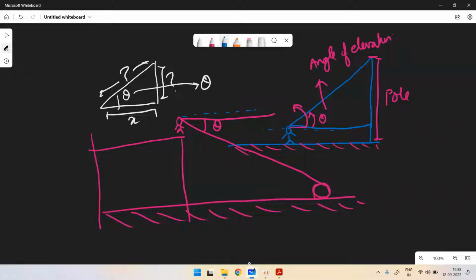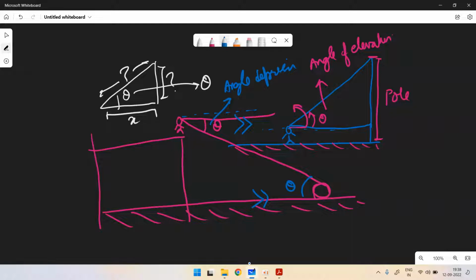So you are deviating the angle downward by theta. This will also be theta because these two lines are parallel. So this angle is known as the angle of depression, because you are depressing your eye downwards so as to see the particular object.